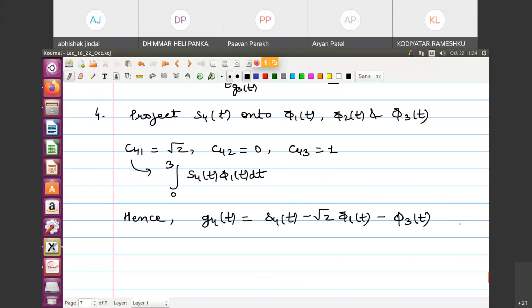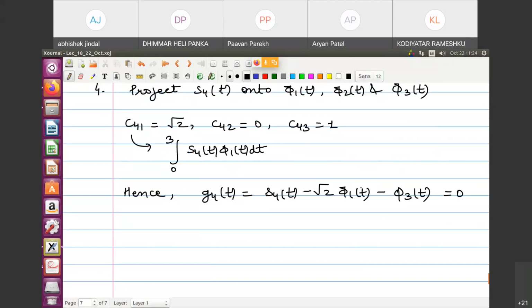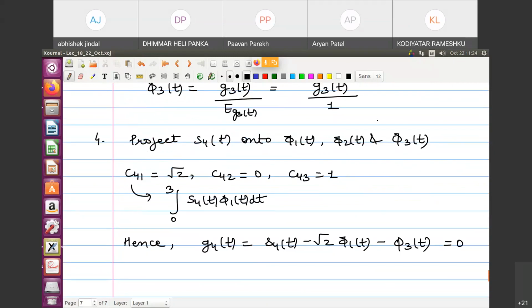Now you find out that this is equal to 0. It means that it is sufficient that we have only these 3 orthonormal functions. Why? Because S4(t) comes out to be lying in the same plane as that created by the 3 segments.